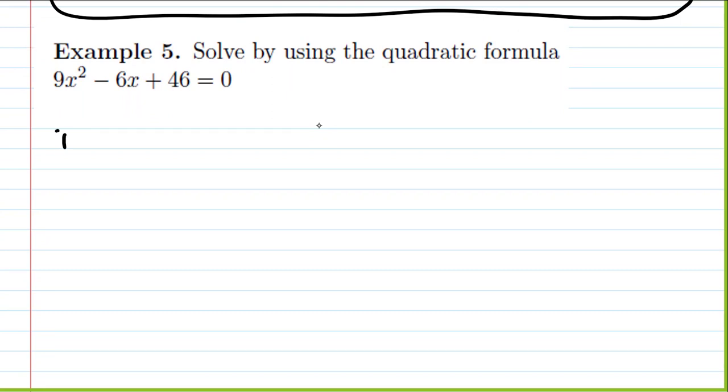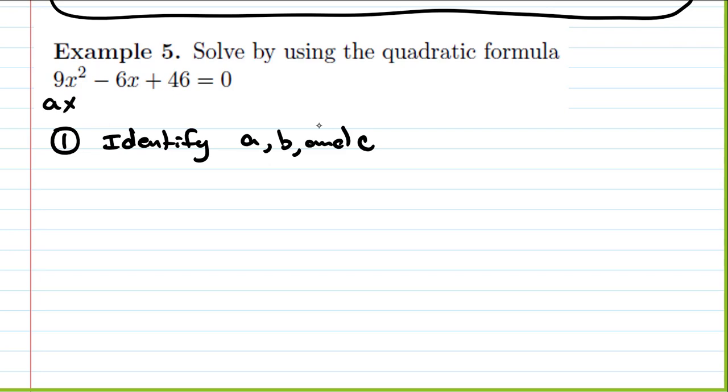So the first thing we need to do is identify A, B, and C. So our standard form is ax squared plus bx plus c is equal to 0. So our A in this case is going to be 9. Our B in this case is going to be negative 6.